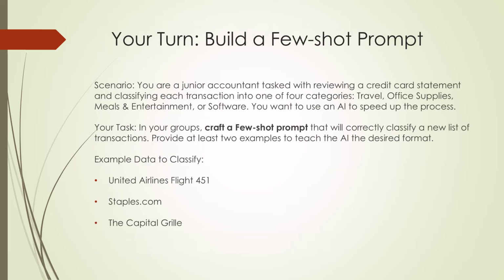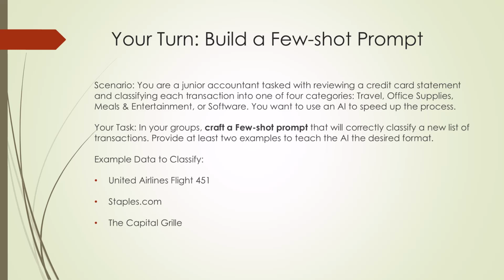Now it's your turn to practice. Let's imagine you are a junior accountant and you've been tasked with reviewing a credit card statement and classifying each transaction into one of 4 categories: travel, office supplies, meals and entertainment, or software. You want to use an AI to speed up this process.